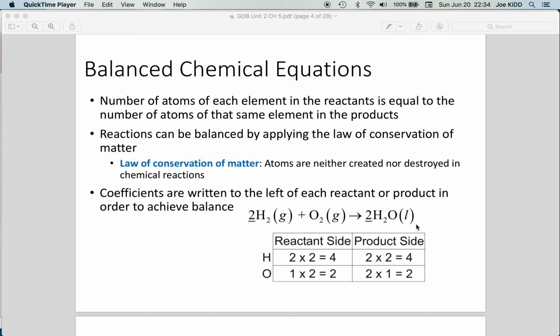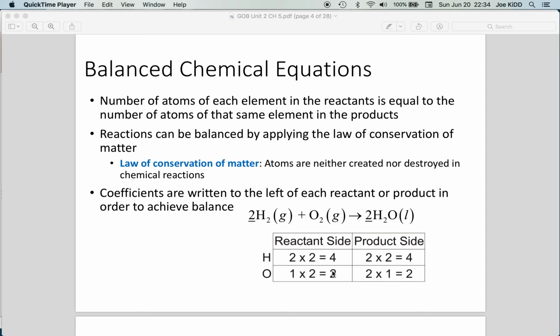So when we go through and look at this, let's check out how many atoms of each thing we have. If I have H2 and I have 2 of those, that would mean I have a total of 4 hydrogen atoms. And if I have no number in front of my oxygen here, we can pretend it's a 1. If you need to write the 1 to do bookkeeping for yourself, that's totally fine.